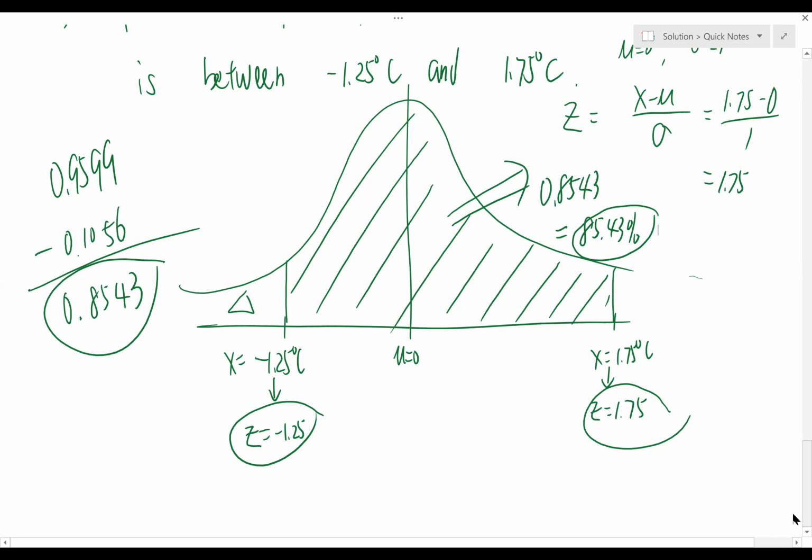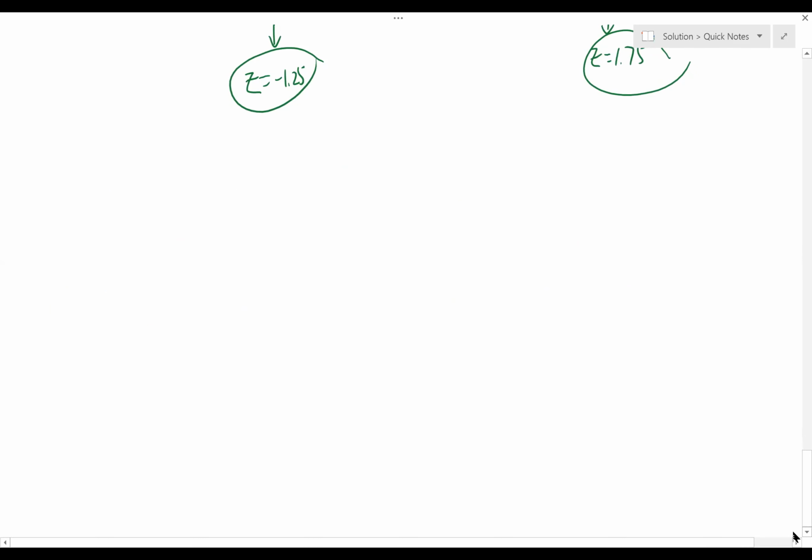Any questions on this? This is the in-between case, right? What if you want to find out the area which is above?